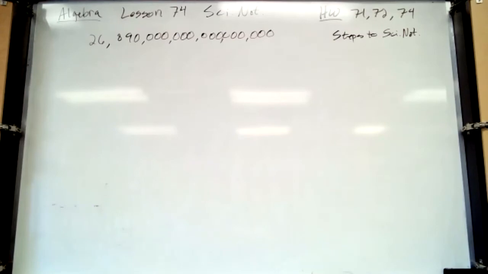First step, put the decimal after the first non-zero digit. I have to say non-zero because when I start to do the really small decimal numbers, there are already zeros in front of the first non-zero digit. Okay, that's the easy step.